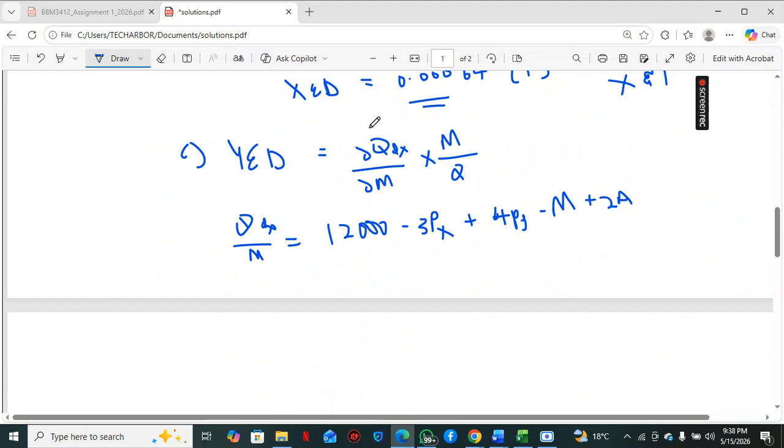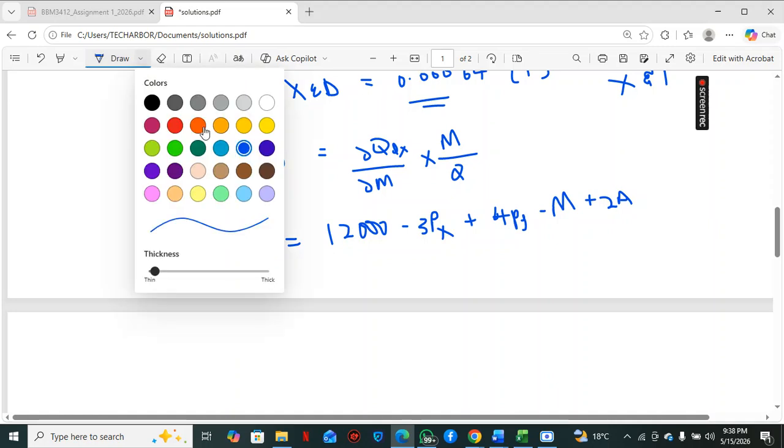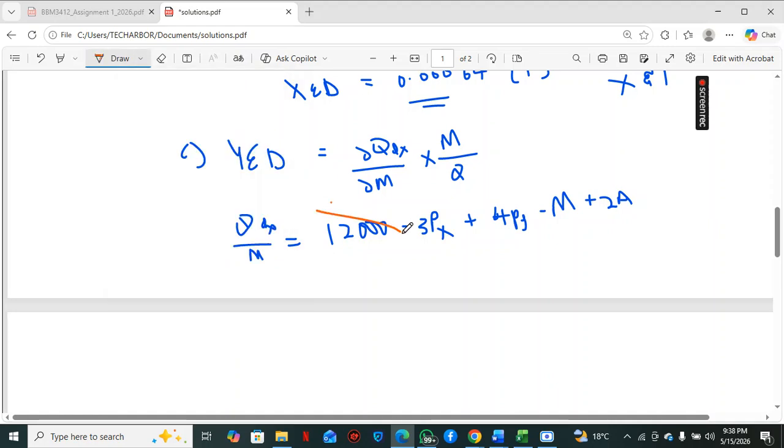So meaning, if the numbers don't have an m, you ignore them. So 12,000 doesn't have an m. 3px, 4py, and 2a, none of them have m's. M is income, because we're deriving this demand function with respect to m, income. So it means we're just deriving this negative m.